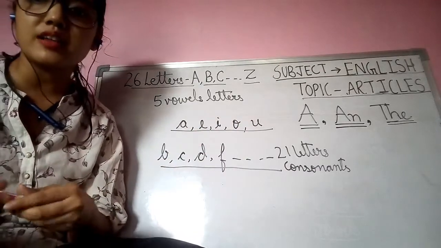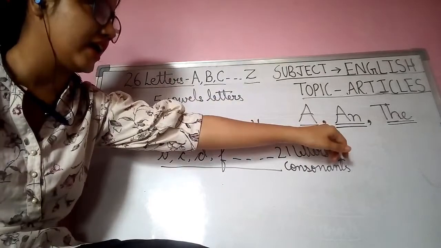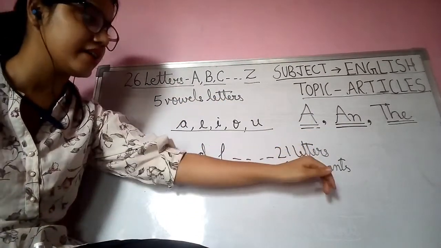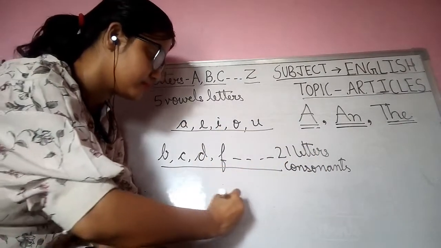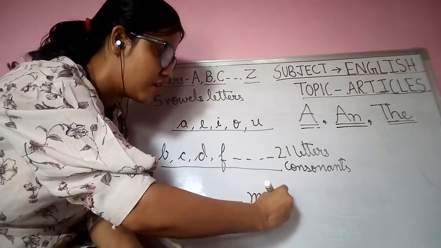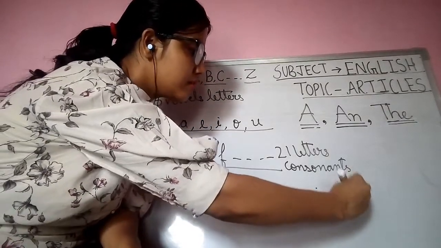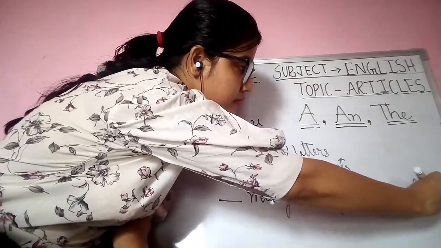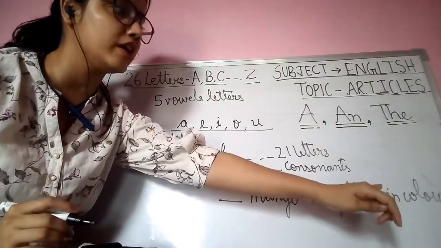Now, what is the concept behind this? We use a before a word that begins with a consonant letter. Like we have dash mango. Suppose in this sentence we have: dash mango is yellow in color.